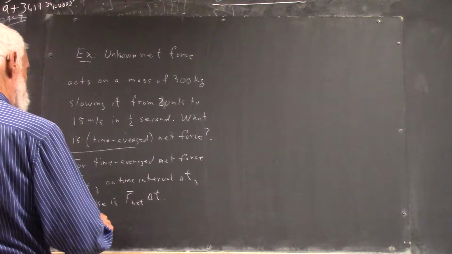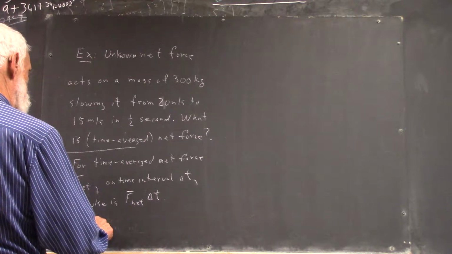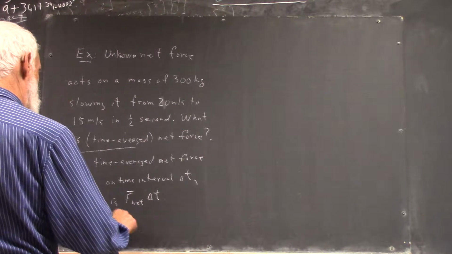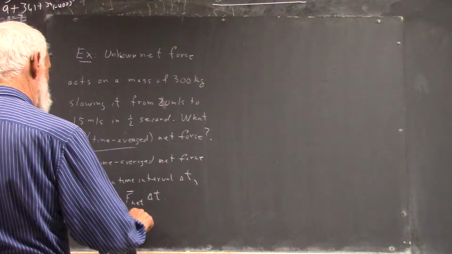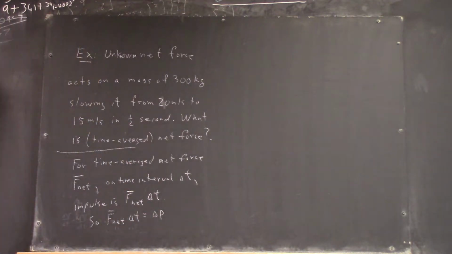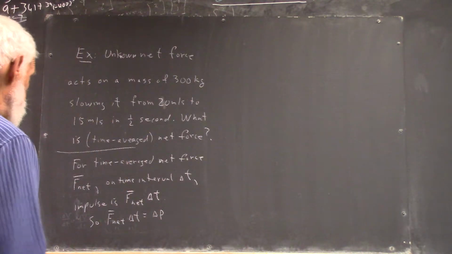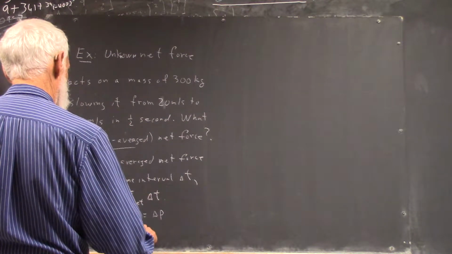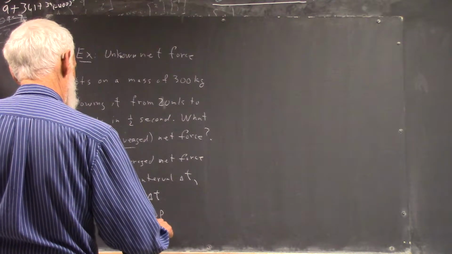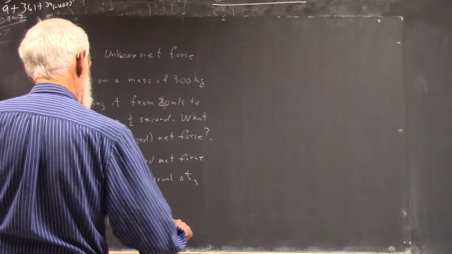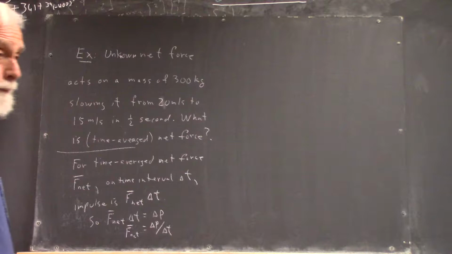So F net bar delta t equals delta P, and F net bar equals delta P over delta t.